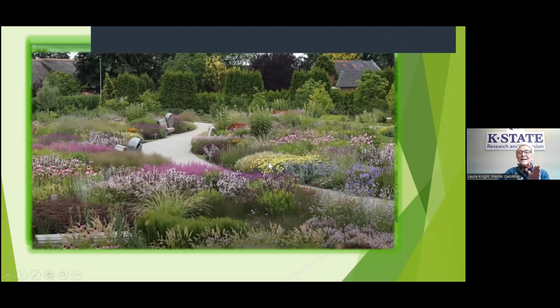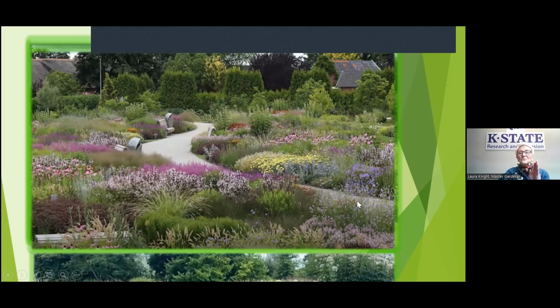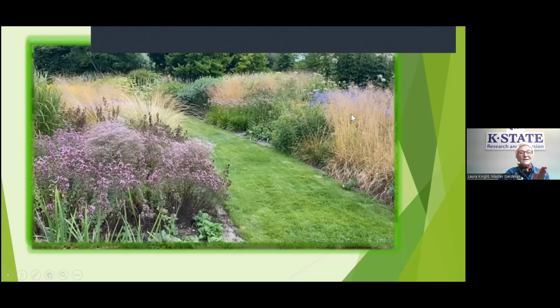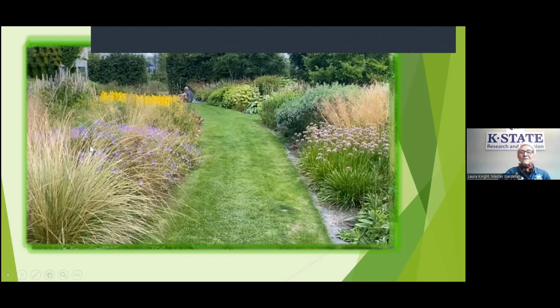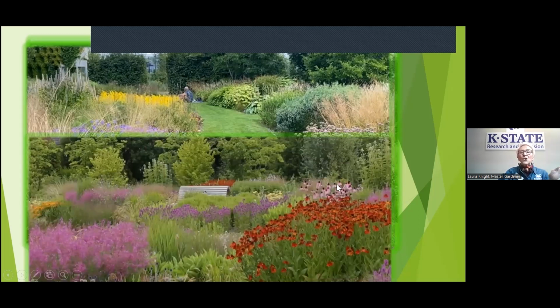And here it is again, a group of cornflowers and another one here, and grasses, repetition of grasses, different verticalities. Some of them are fountain types. The same thing that you saw before.